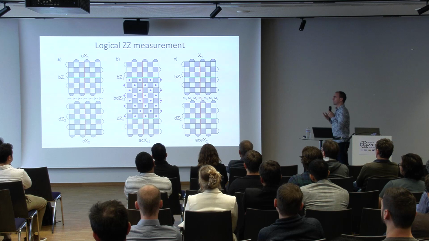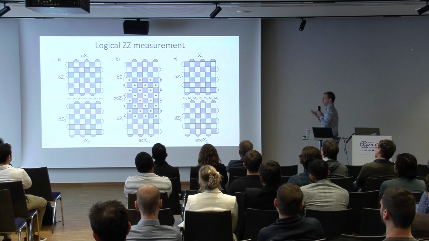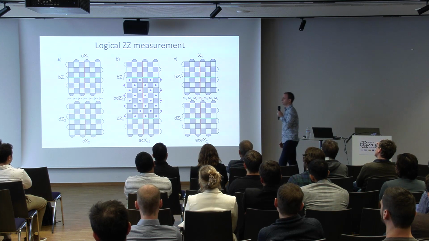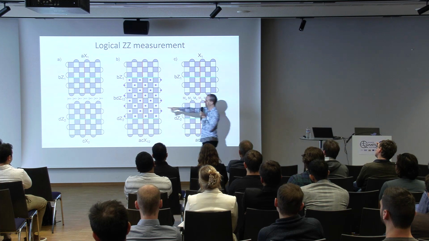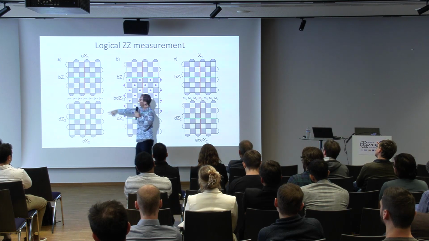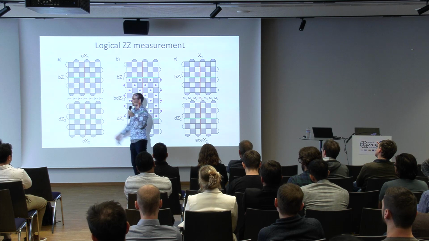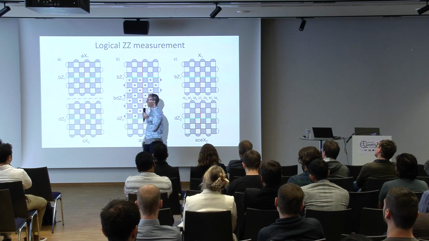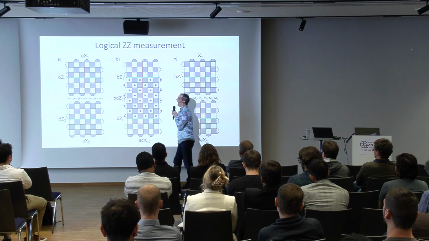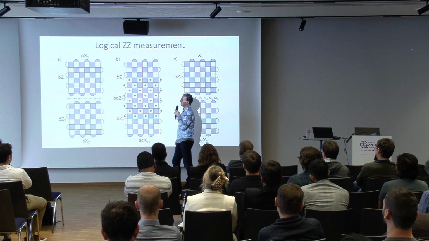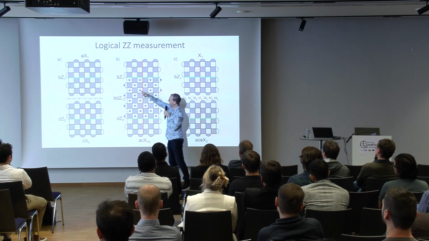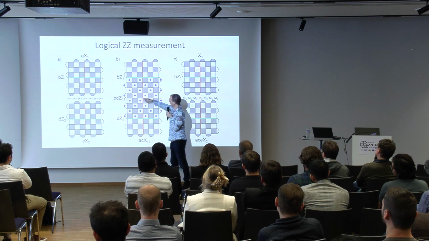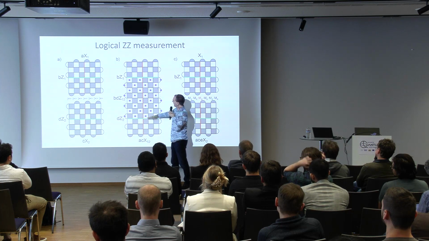Now, we still haven't talked about anything other than single qubit logic. Let's start talking about 2-qubit logic. So here are a pair of qubits that we wish to interact. So you might say, well, okay, what's my CZ, what's my C0 gate? It doesn't work that way. The primitives that you have are multi-qubit measurements of logical operators. So if you close up the gap between those 2 qubits, we create this bridge between them.